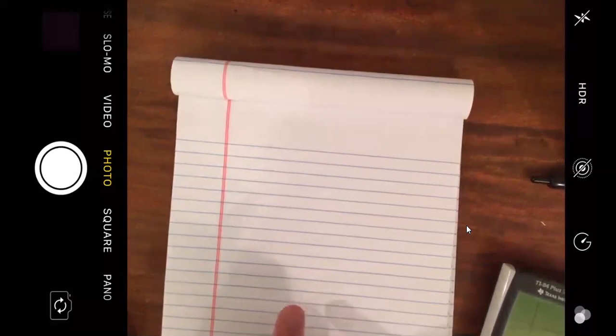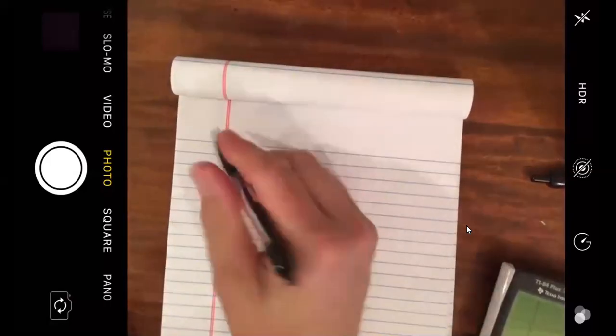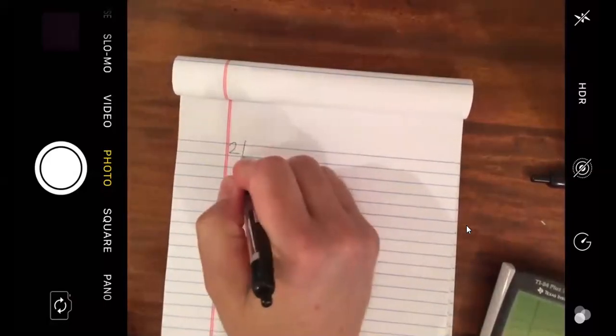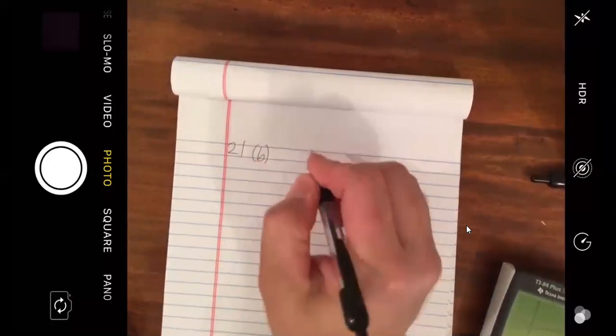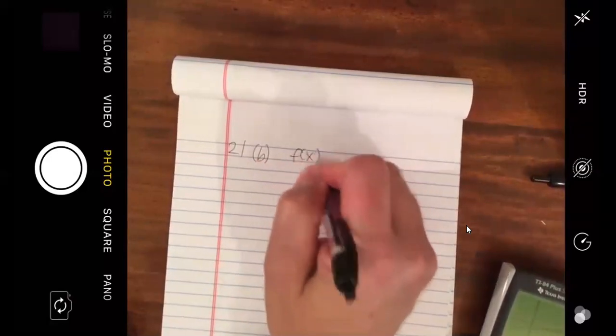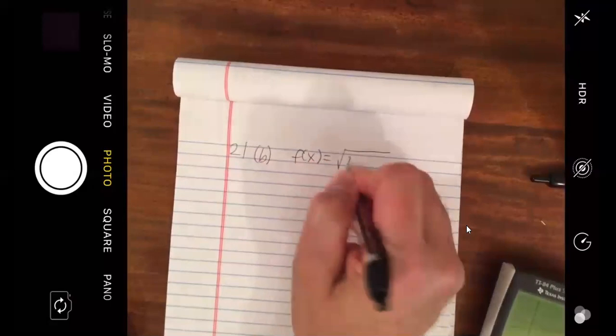Start on the top of a clean sheet of paper. Well, actually, it says work out domain and range from the graph. Well, let's see, 21 here. We're working out b. F of x is the square root of 16 minus x squared.